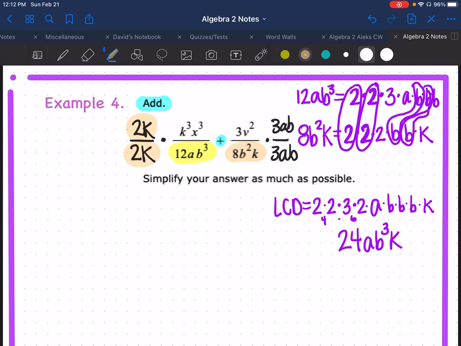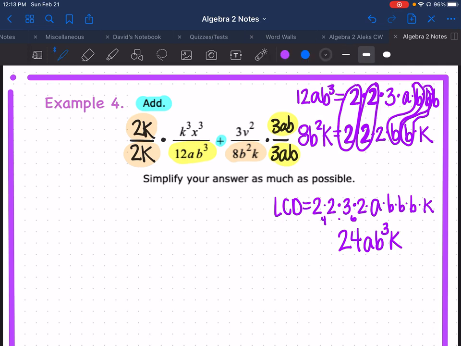This is what's coming from what's left in my 8, and this is what's coming from what was left in my 12, right? These are coming from each other. And if you look at this right here, 2K, 2K. What? 3AB, 3AB. Oh my gosh, that is so cool. There they are. There's what I need to multiply by.